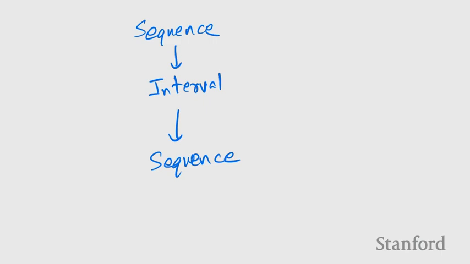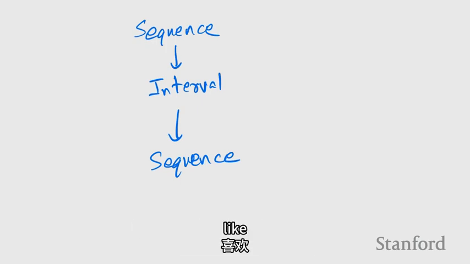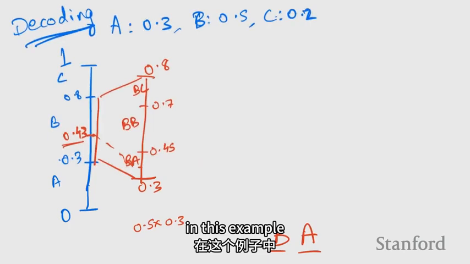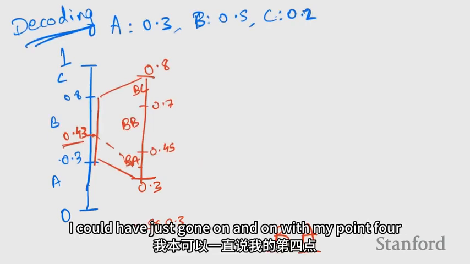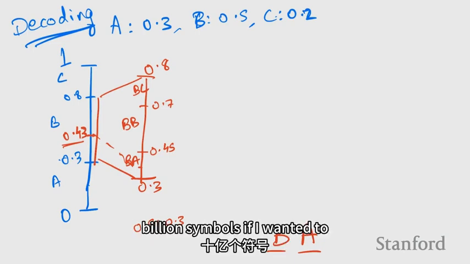Because you could just keep going and make up a longer sequence. In this example, I could have just gone on and on. With my 0.43, I could have decoded a billion symbols if I wanted to.